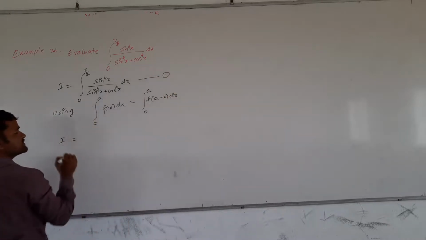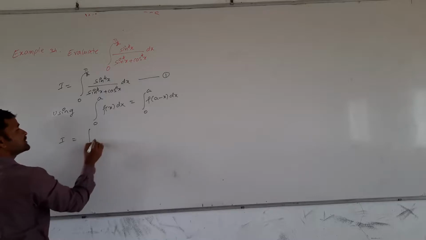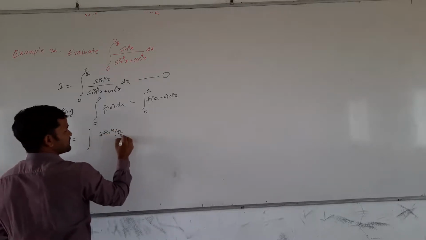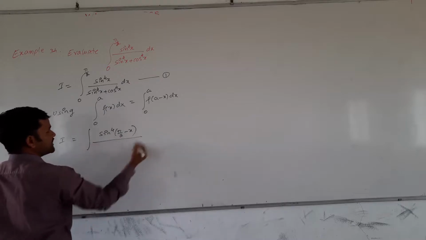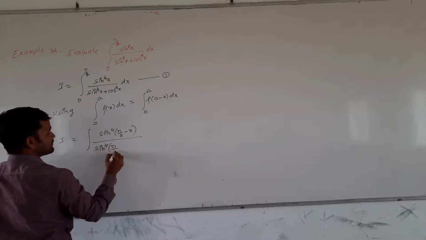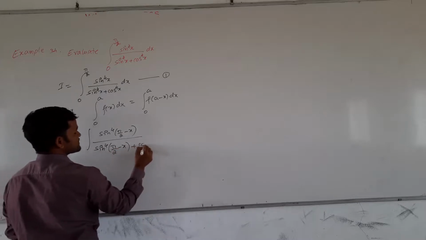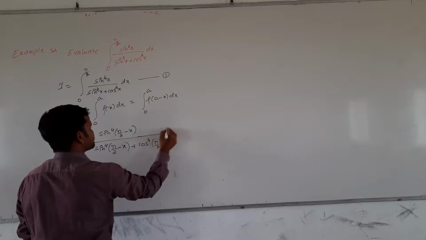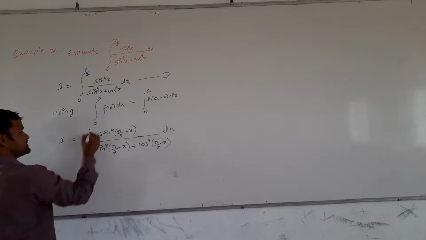Now, after using this property, what happens here? I is equal to sin^4 of (pi by 2 minus x). The denominator is also sin^4 of (pi by 2 minus x) plus cos^4 of (pi by 2 minus x), into dx from 0 to pi by 2.